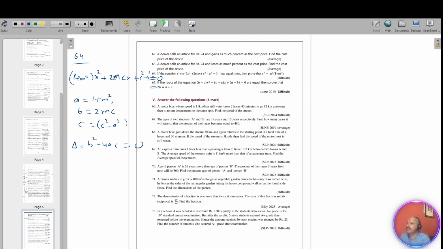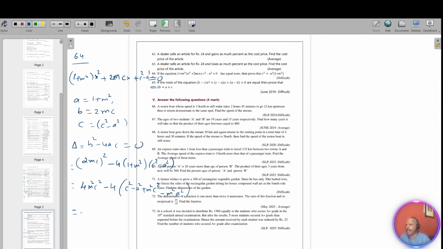B square is 2mc whole square minus 4 into 1 plus m square into c square minus a square. When you open this bracket, 4m square c square minus 4, I'll multiply here only, 1 into this is c square minus a square plus m square c square minus m square a square.